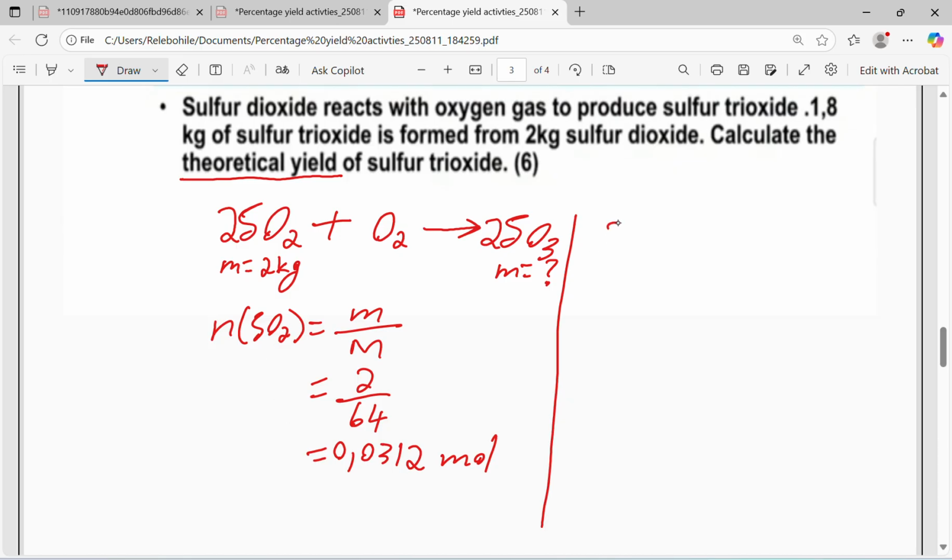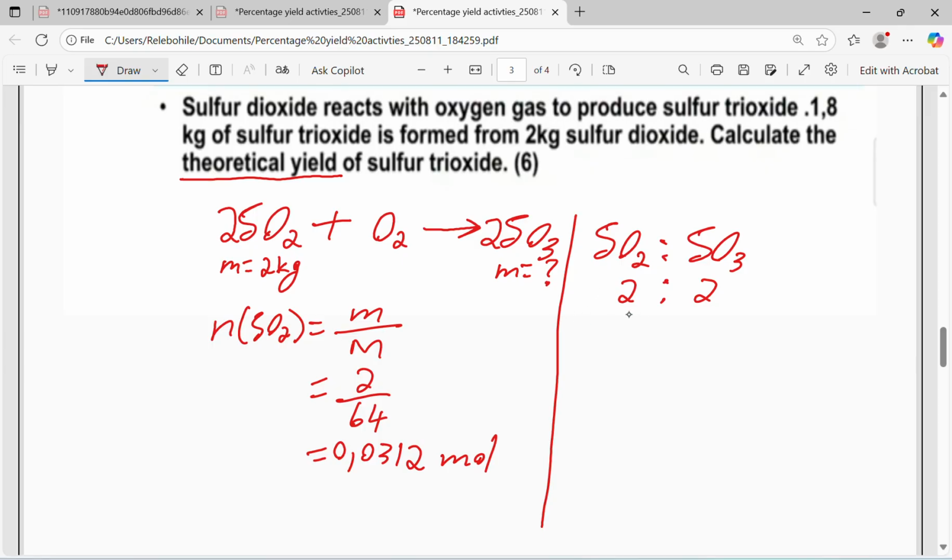So what I'm going to say is SO2 is to SO3. I write these two substances in a ratio format. Then after that, I'm going to put down their coefficients, which will give me my ratios. And you see that the coefficient of SO2 is 2 and the coefficient of SO3 is also 2. So my ratio is 2 is to 2.